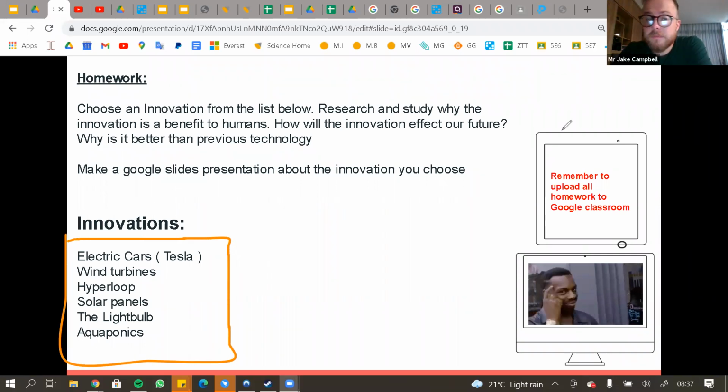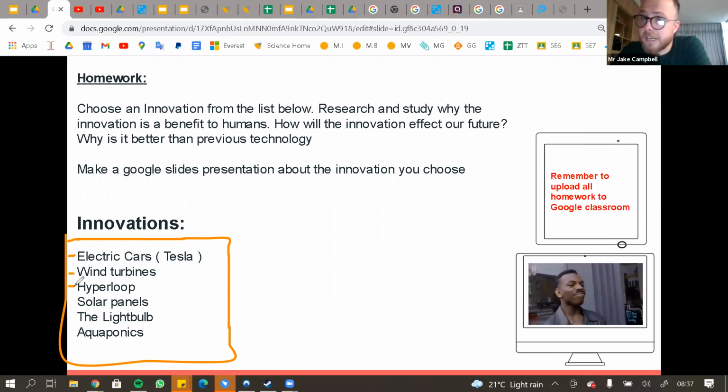These range in difficulty. All right, so electric cars, that's a pretty easy project for you to do. You can do that if you want. Study Tesla, why these cars are better than petrol cars. Make a presentation about it. Wind turbines. That was an innovation to collect the energy from the wind.